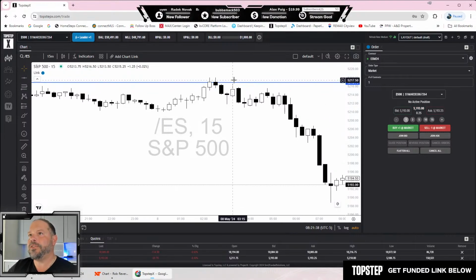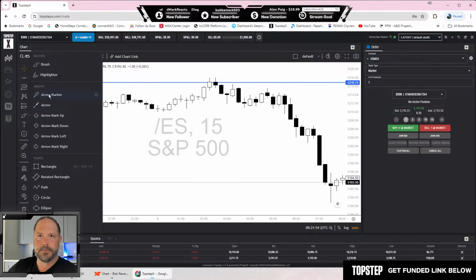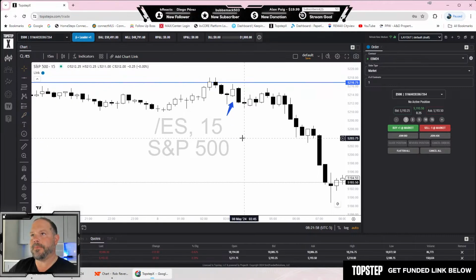Now, this first level that I mapped here is at 52.16. If you guys look at this white bar right here, let me grab one of these arrows so it makes it a little easier. Okay.